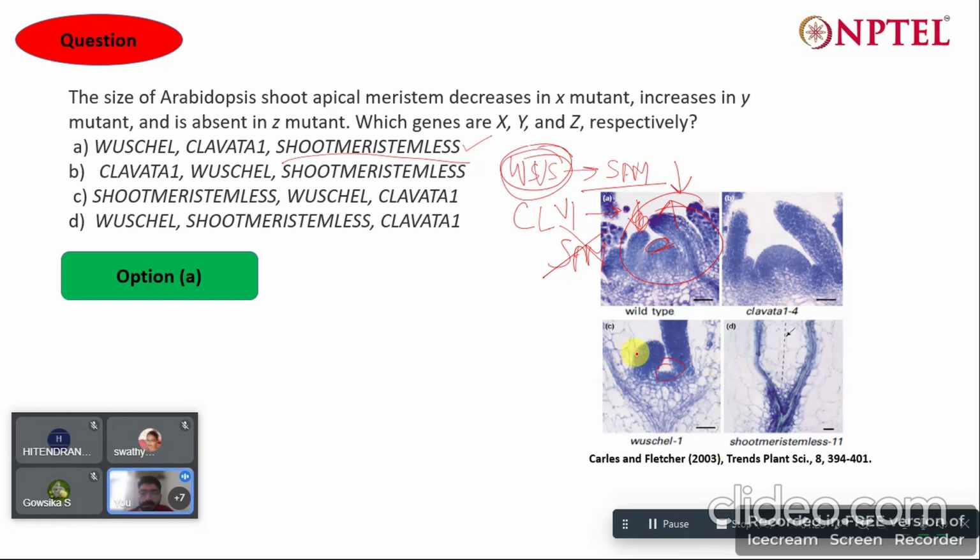So can anybody tell which Fox gene is involved in this Wuschel clavata pathway?